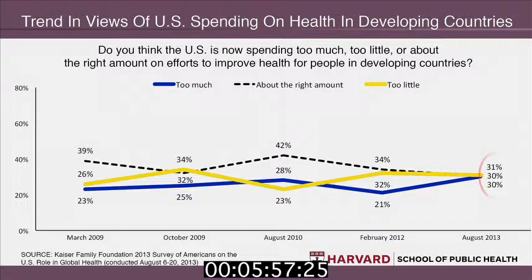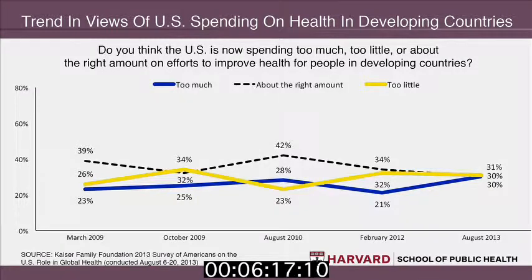And they tended to converge in the most recent measurement at about a third of Americans holding each opinion. A third thinking we spend too much, a third thinking we spend too little, and a third about the right amount. So probably Americans on the whole feel we are spending about the right amount.